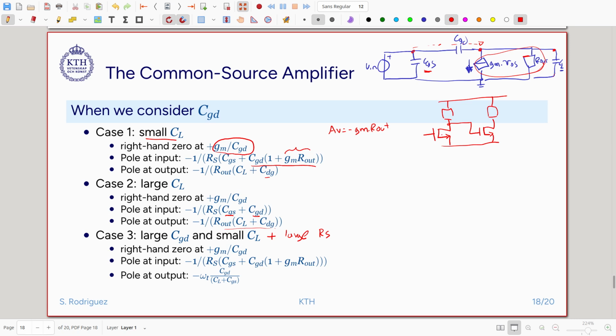Okay, so RDS of this first transistor can be very high. It might be that we have a current source instead of the resistor. It can be very high, so we might have a very high source resistance here.